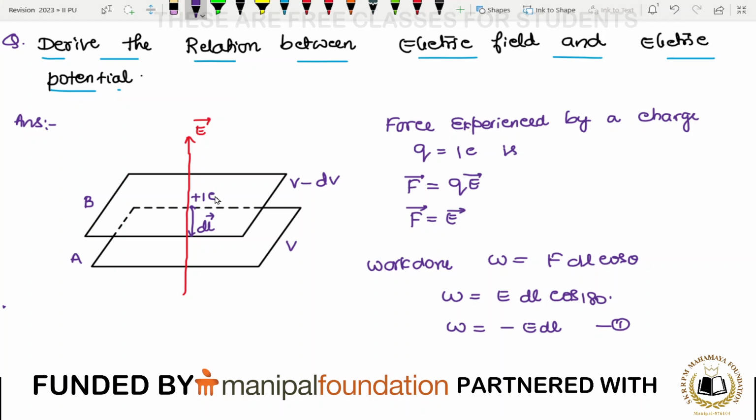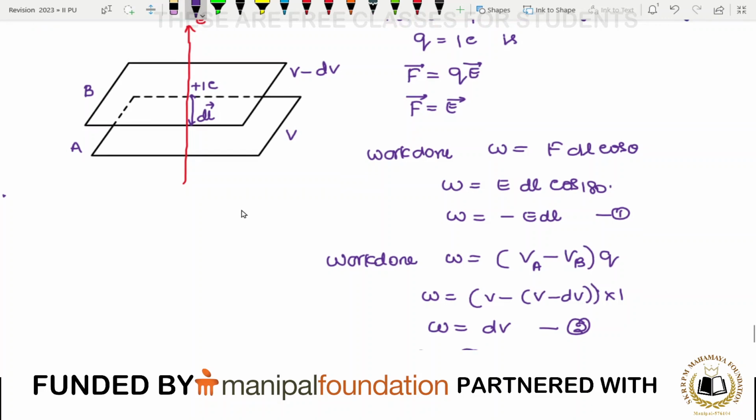Now what is the work done? W is equal to F dl cos theta. So F becomes E, and the distance is dl only, or displacement dl. Theta is how much here? 180, because the electric field is upward here, and the displacement is downward. So 180 degrees. Cos 180 is how much here? -1.